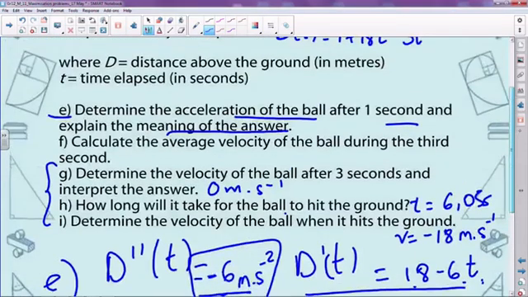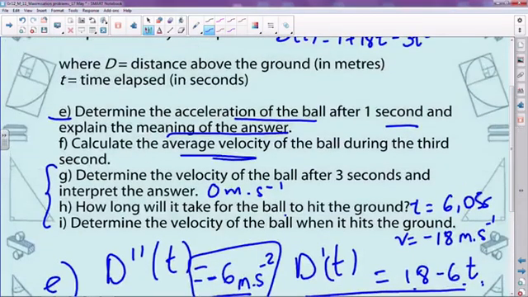And then for part F, it says calculate the average velocity. So here it's not instantaneous, it's the average velocity of the ball during the third second. This is where you're going to find your change in distance from second 2 to 3 over your change in time. So that's change in distance over change in time.